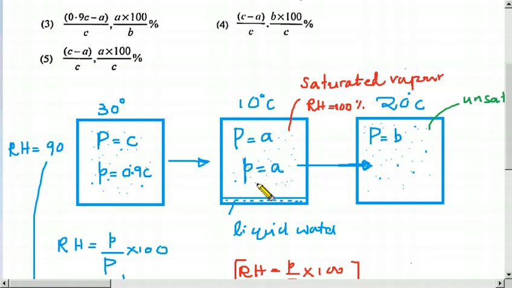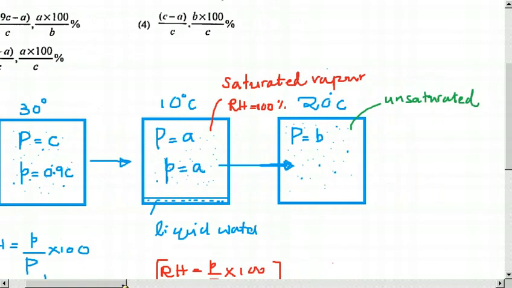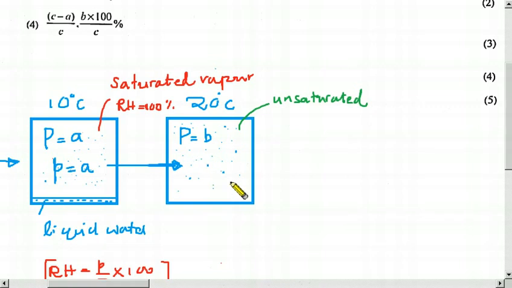Since in this room the vapor was saturated, therefore the real pressure given by the vapor was equal to the maximum pressure. But here, since it is not saturated, that condition is not here, this room is unsaturated, therefore the real pressure given by the vapor is something else. It is not equal to the maximum, small b, it is not equal to the small b.